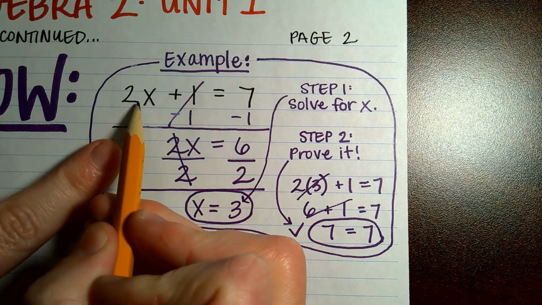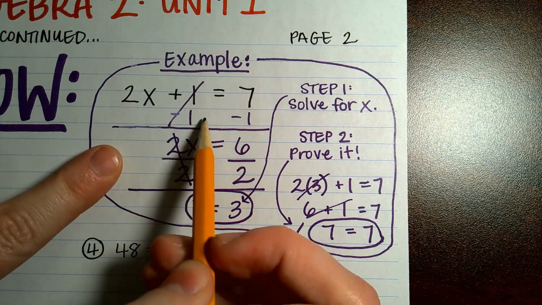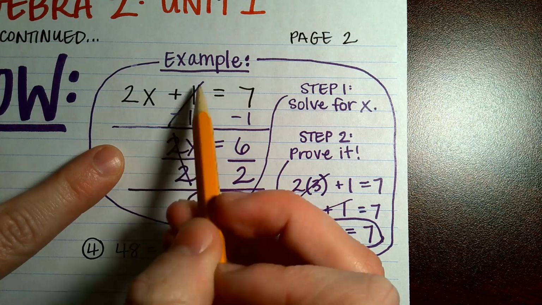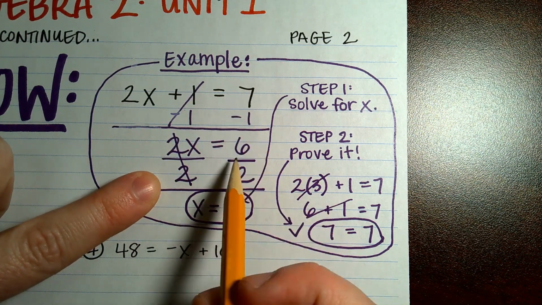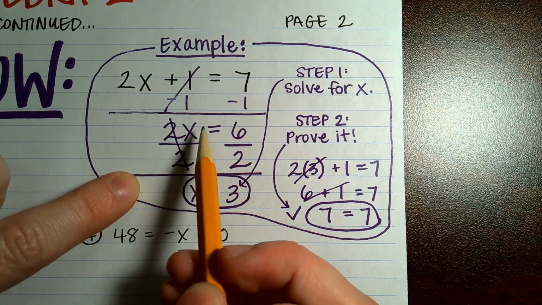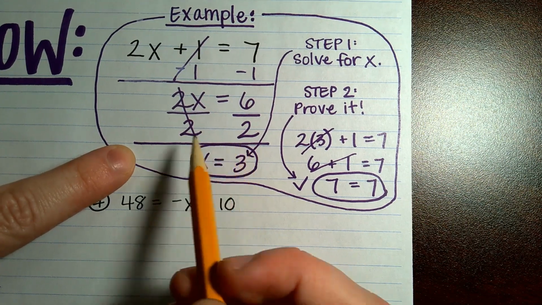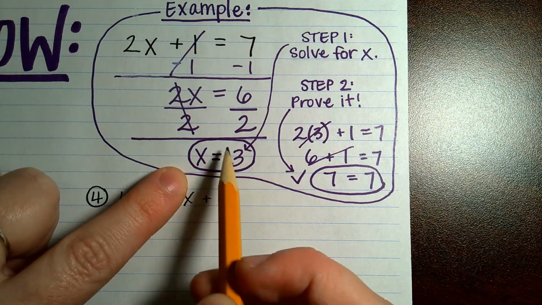So I had a plus 1 here, so I did the opposite and subtracted 1 from both sides, which canceled my 1's, left me with 2x equals 7 minus 1 is 6. And then I divided by 2 to get x by itself, divided 6 by 2 to keep my equation equal, and I ended up solving for x and getting a value of 3.